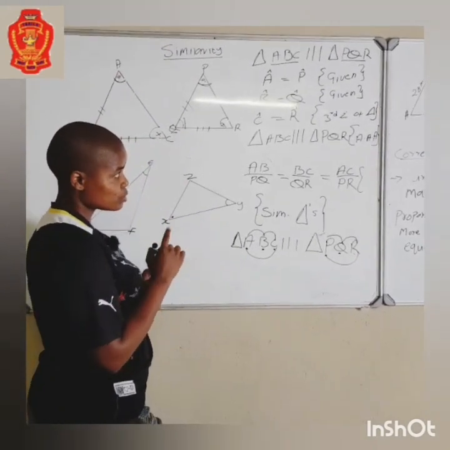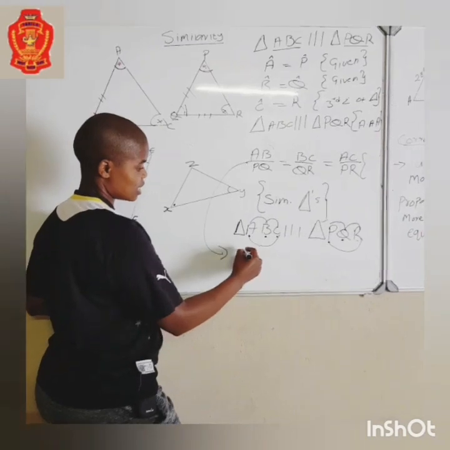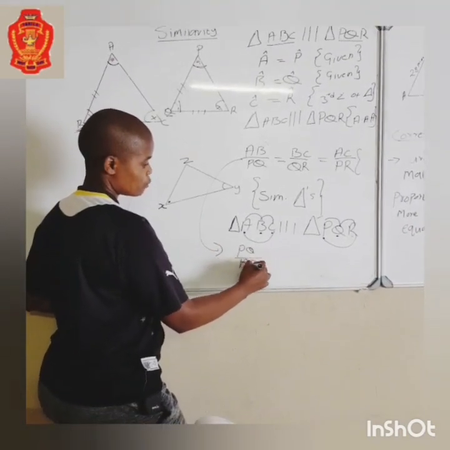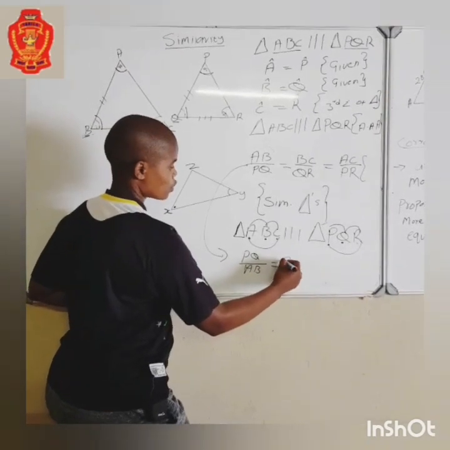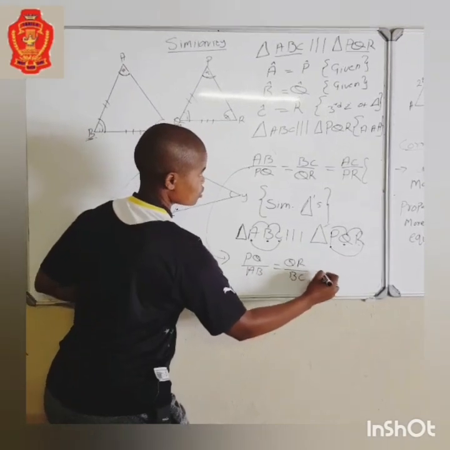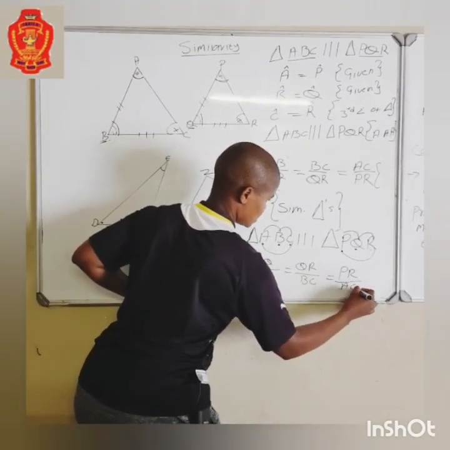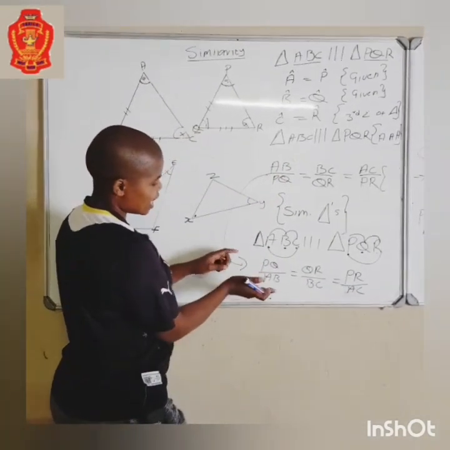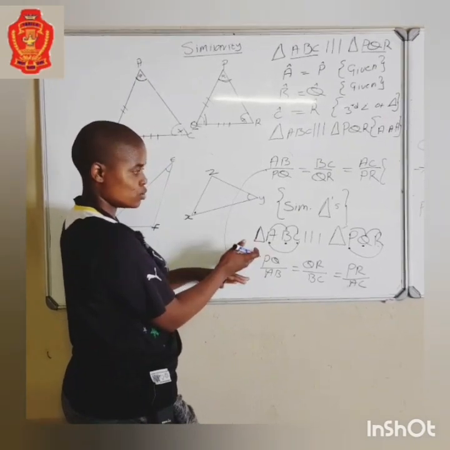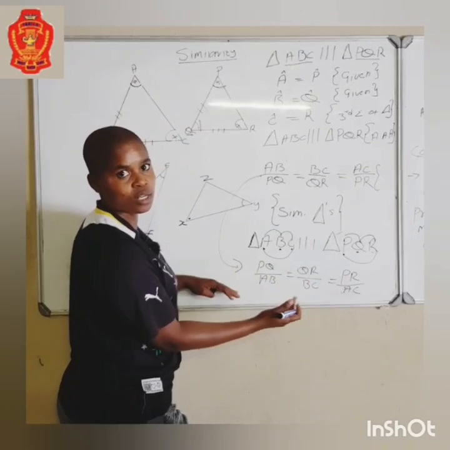And note, boys and girls, that this can also be written as PQ over AB is equal to QR over BC is equal to PR over AC. So what I did there, I just switched, the numerator became the denominator and the denominator became the numerator. This does not affect the ratio. The ratio will still be the same.